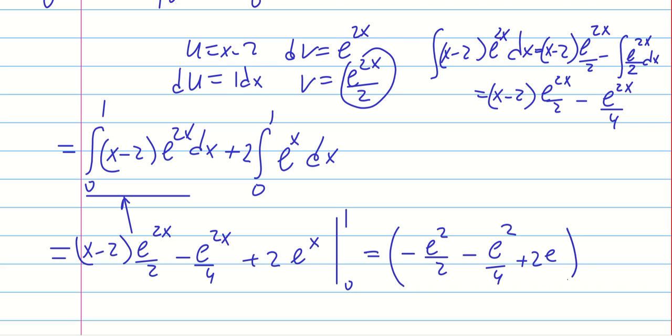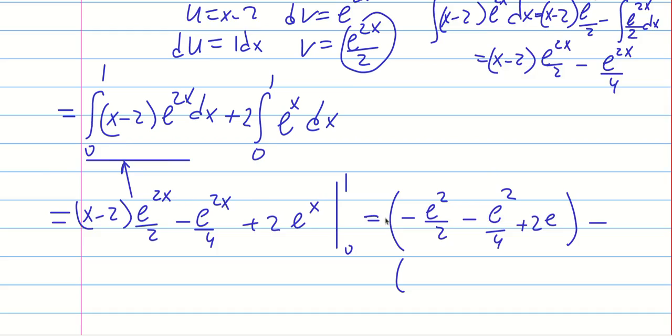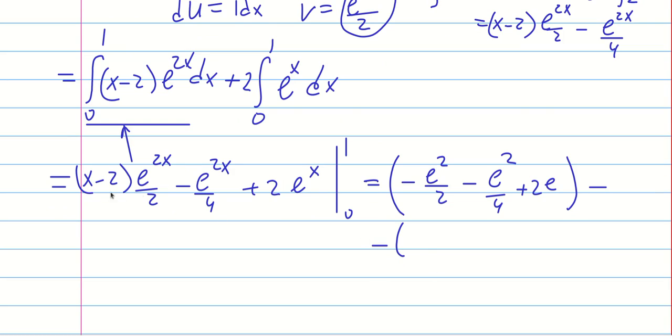When we plugged in 1, then we put a minus, and then we plug in 0. So if we plug in 0, we're going to get negative 2 times 1 over 2 minus 1 over 4 plus 2. Okay.